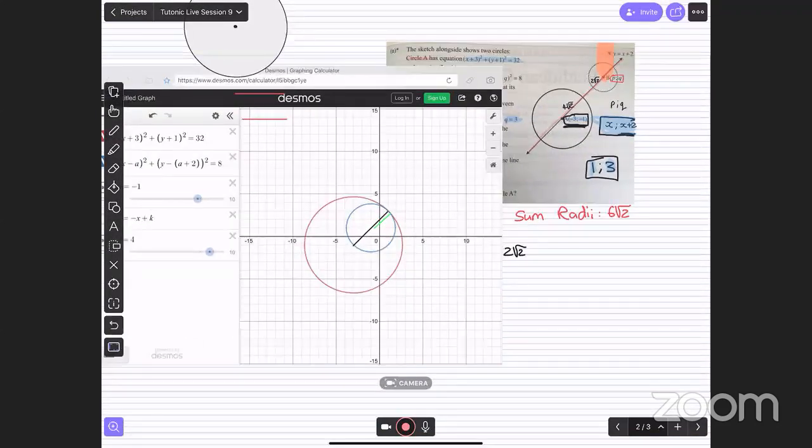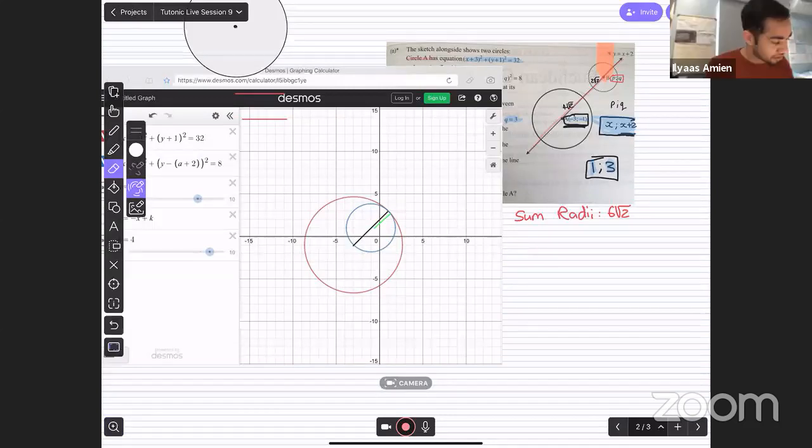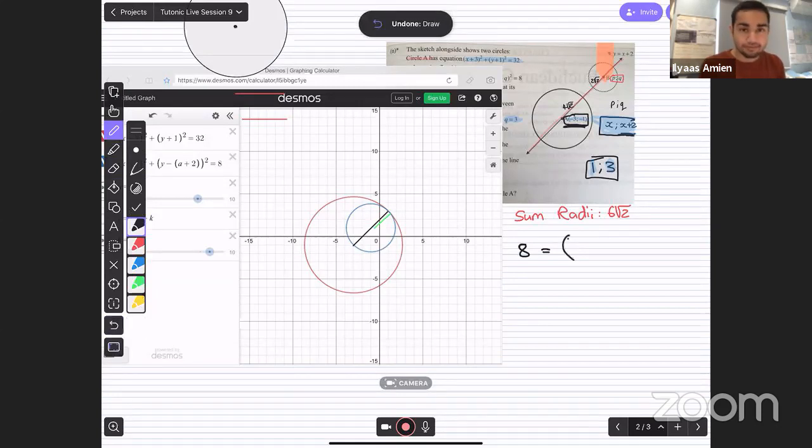Right? Okay. That equals the distance between the x values. What's the distance between the x values?